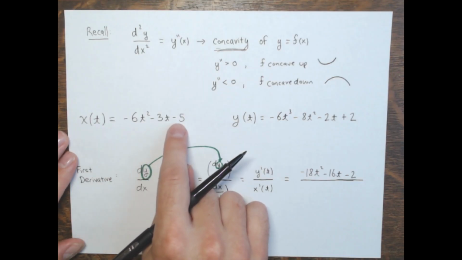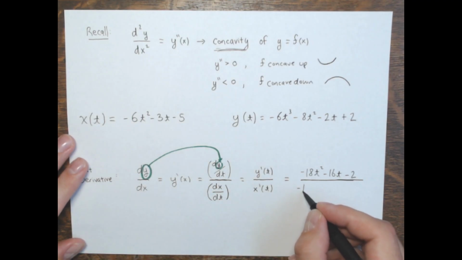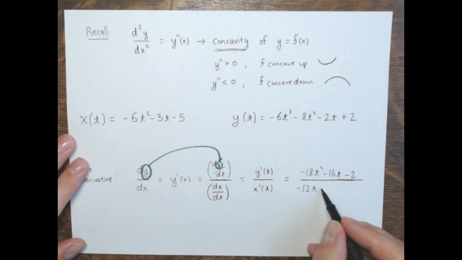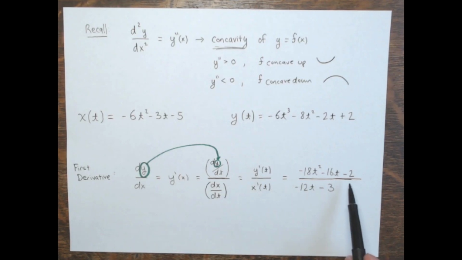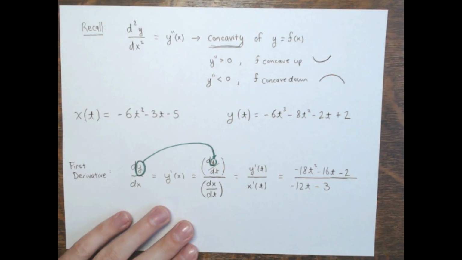Again, simple term by term, apply the power rule. So negative 12t, then minus 3. And this expression here is the first derivative.